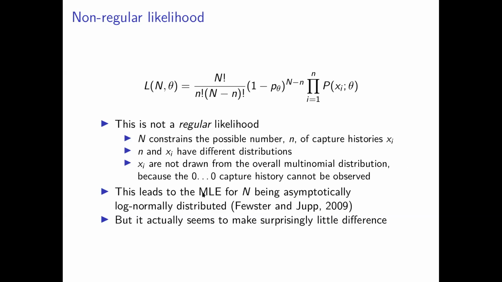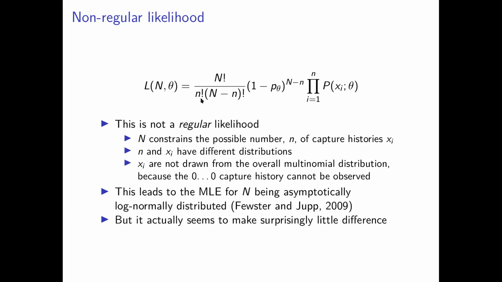This leads to the maximum likelihood estimate for n actually being asymptotically log normally distributed. So in general, if we have a regular likelihood, we can say that the maximum likelihood estimates will be asymptotically normally distributed, which is how we get our normal confidence intervals.